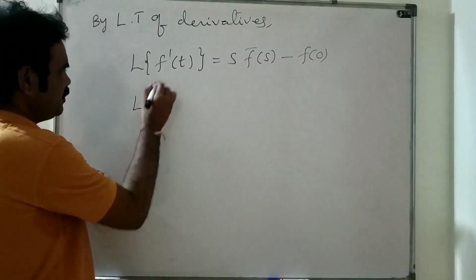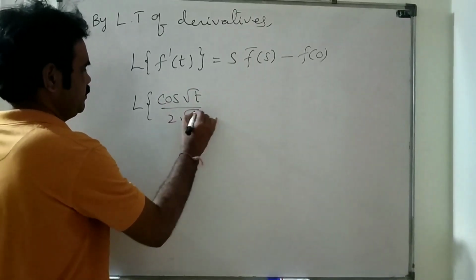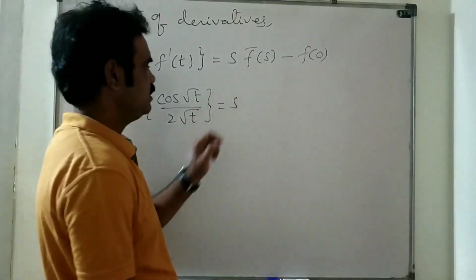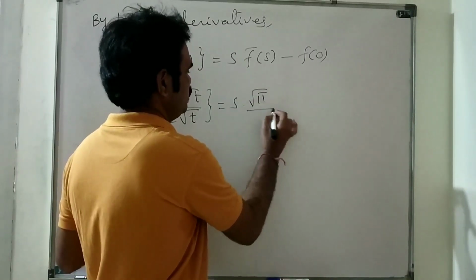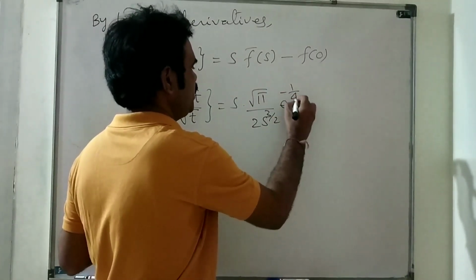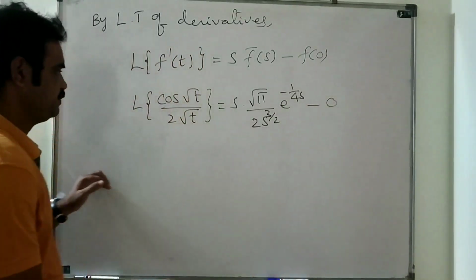L of, what is f dash t? Cos root t by 2 root t is equal to s into f bar s, that is L of f of t, already given, that is root 5 by 2s power 3 by 2 into e power minus 1 by 4s, minus f of 0 is 0.